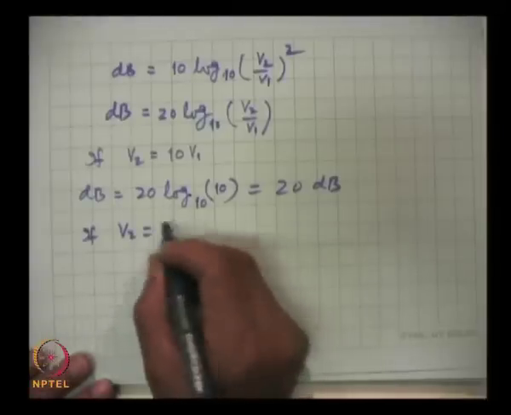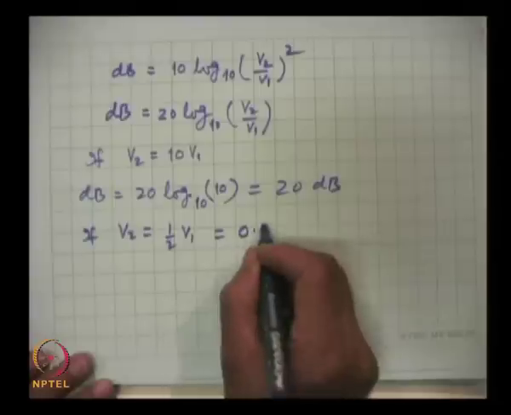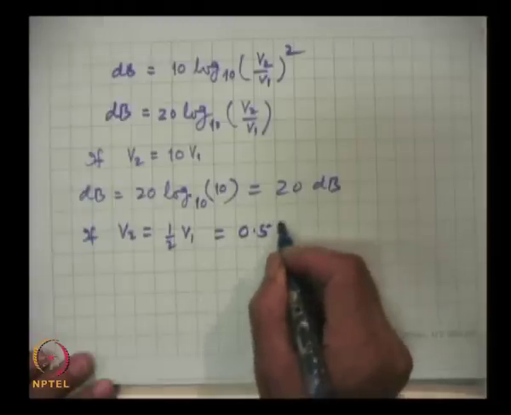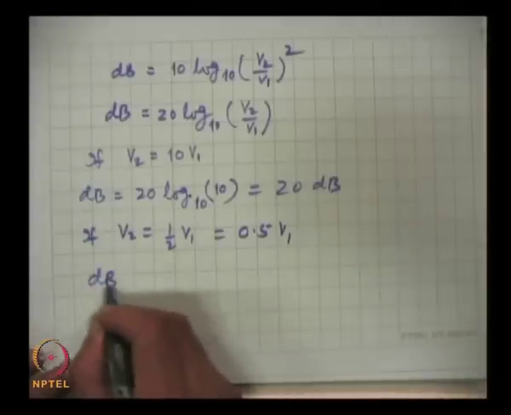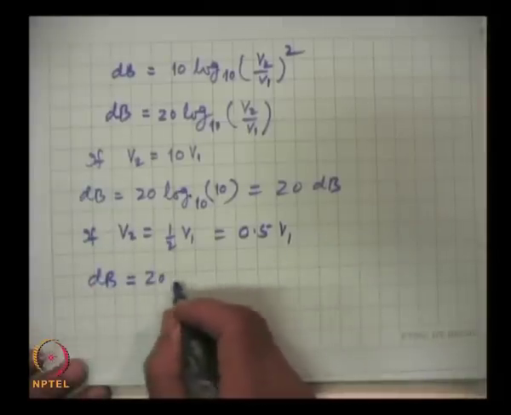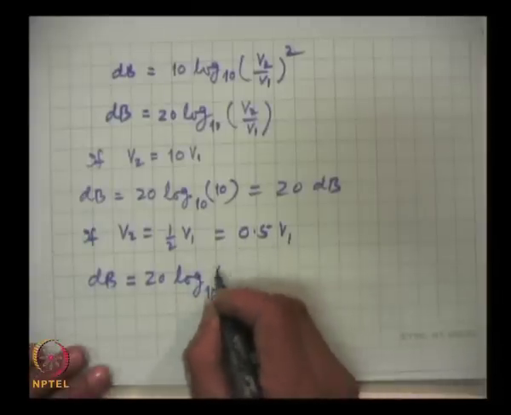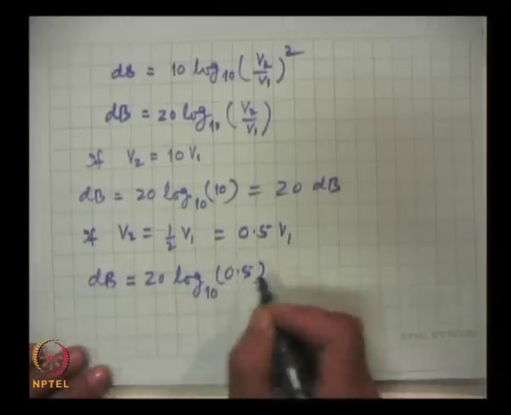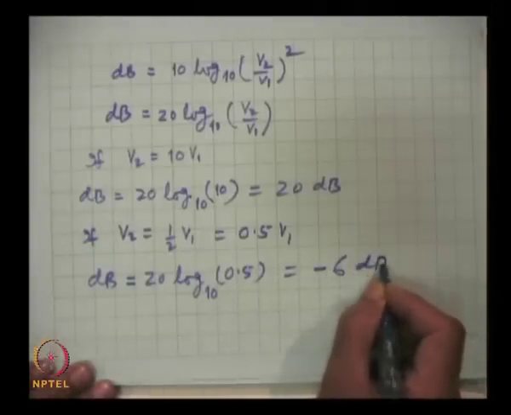And similarly, if V2 is half of V1, which is 0.5 V1, then in dB this is 20 log 10 into 0.5, and this comes out to be minus 6 dB.